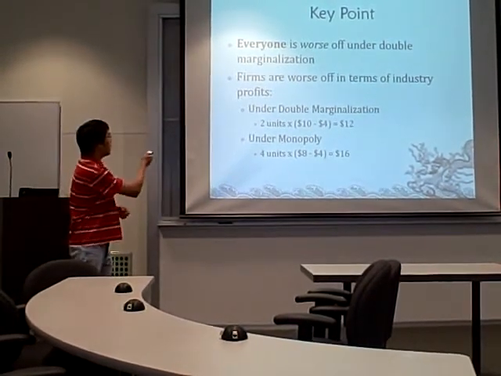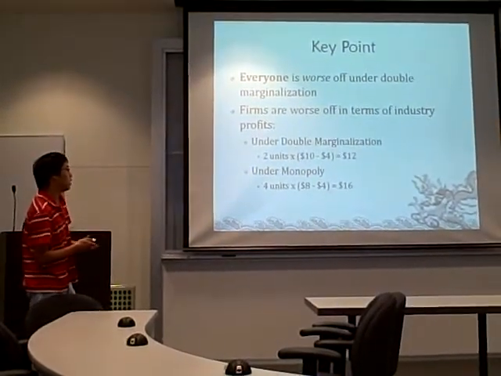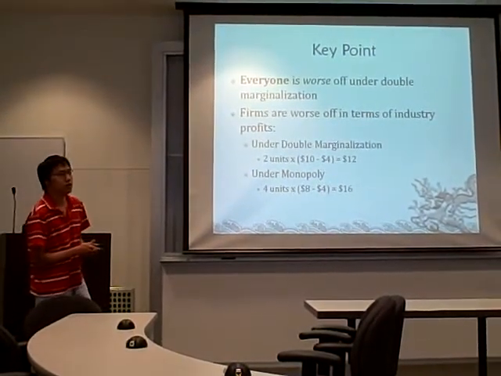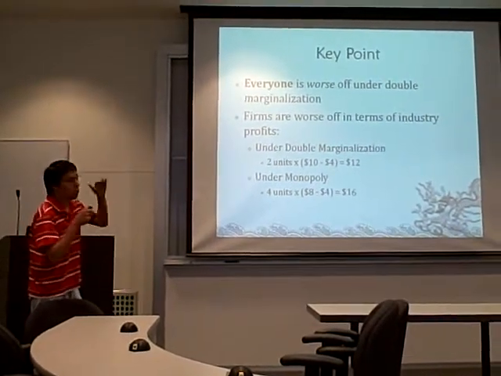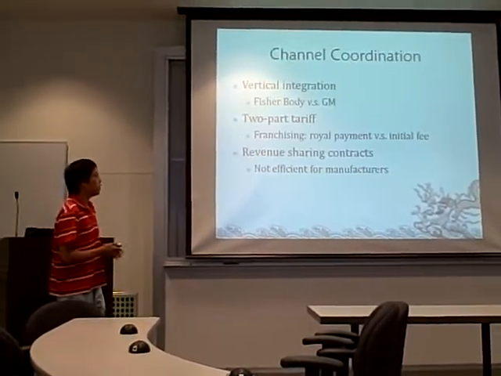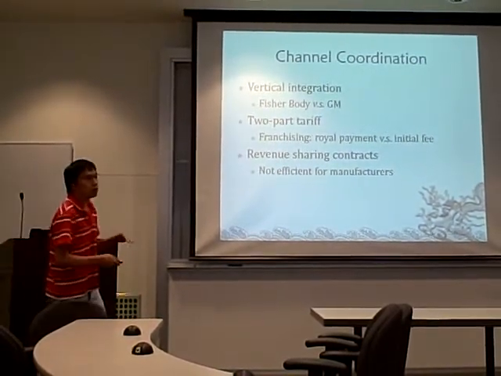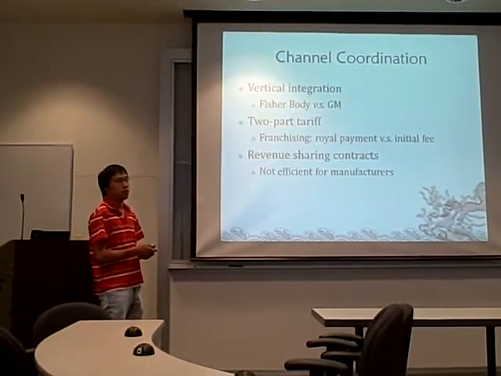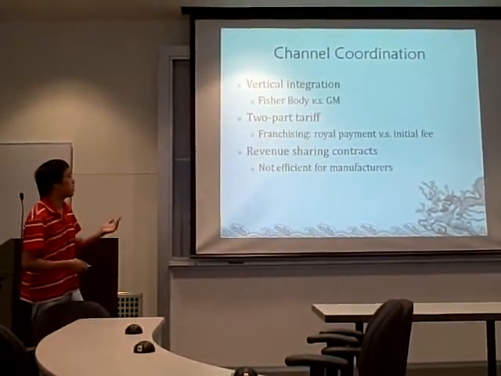But under double marginalization the total profit is 12, and under monopoly the total profit is 16, which means that their total profits are also lessened. Right now there is a need for the policymaker to coordinate this problem because neither the consumers nor the firms are better off from this problem.